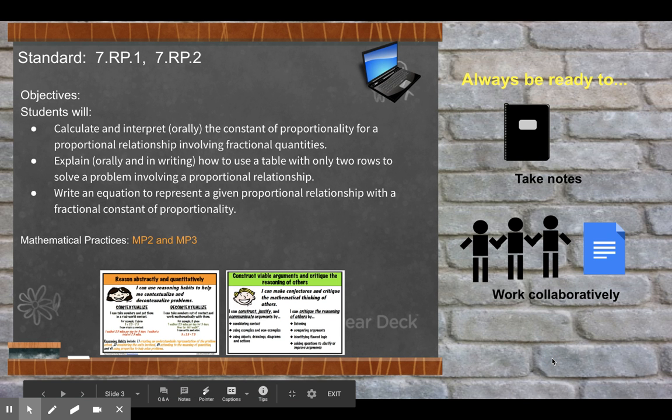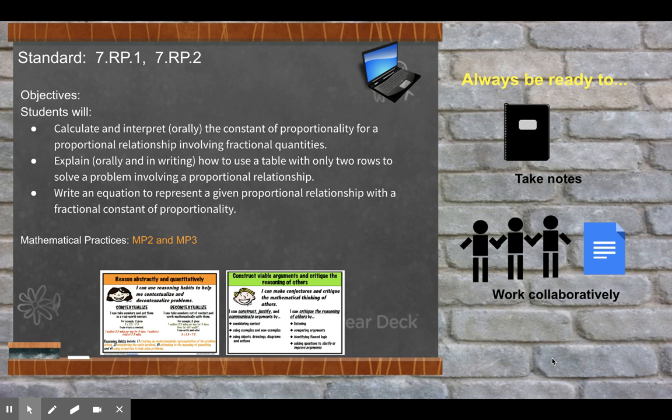Our standards for today are 7.RP.1 and 7.RP.2, and our objectives are students will calculate and interpret orally the constant of proportionality for a proportional relationship involving fractional quantities, explain how to use a table with only 2 rows to solve a problem involving a proportional relationship, and also write an equation to represent a given proportional relationship with a fractional constant of proportionality. So a lot of academic language and vocabulary there.